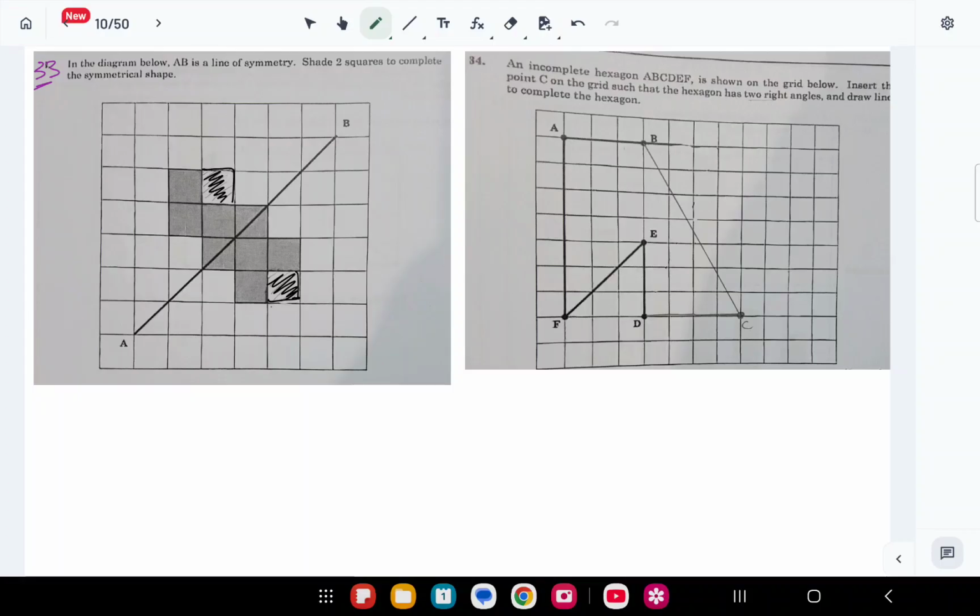And draw a line to complete the hexagon. So I had completed here already. Let me point it in here for you. So from here to here, and from here to here. Alright, label point C. Alright, that's one way you could have done it.